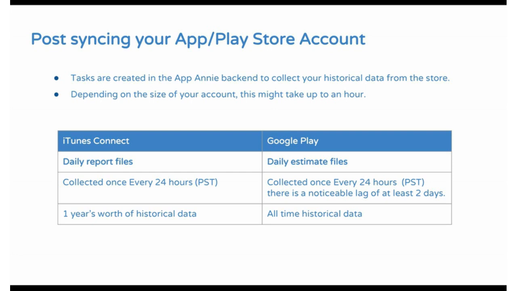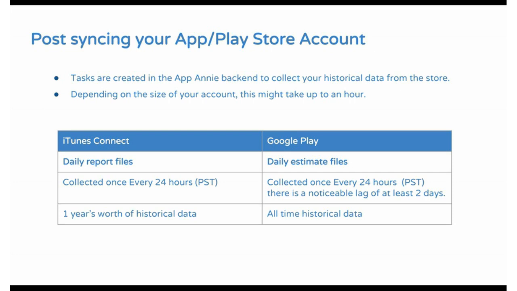Firstly, iTunes Connect provides daily report files, and these are the ones that we collect. These are provided every 24 hours and are available at PST. You will have to note that iTunes Connect only provides 1 year's worth of historical data at any given time.